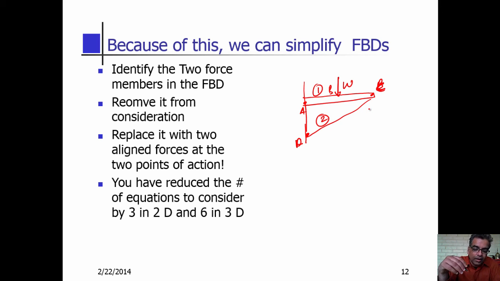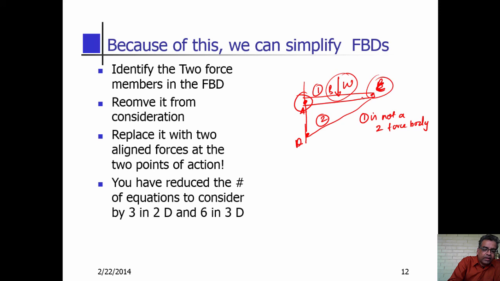Now, because we know a little bit more, we can identify this body 1 is not a two-force body, because there are three forces. There's a force at point A, there's that, and they're acting at three different locations. Body 2 is a two-force body. So because it's a two-force body, I'm going to eliminate this, and I'm going to redraw this like this.